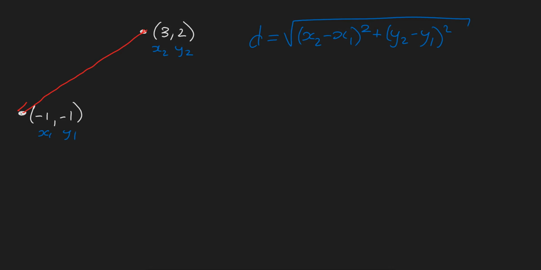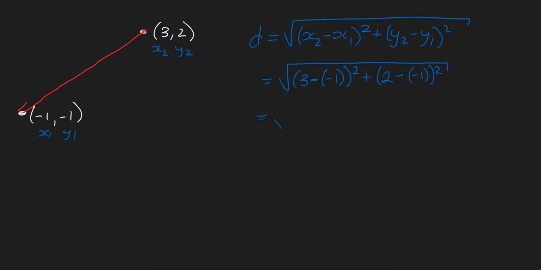So we get the square root of 3 minus -1, squared, plus 2 minus -1, squared.